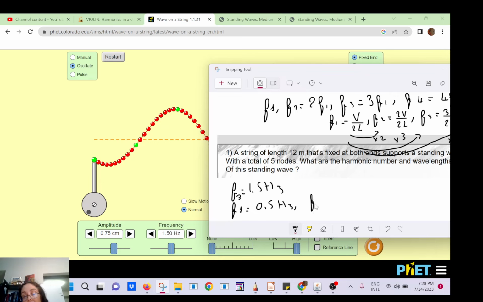The second one will be multiplied by 2, so that will be 1 hertz. The third one will be 1.5. The fourth one will be multiplied by 4, so it's going to be 2 hertz. And so forth and so on, right?